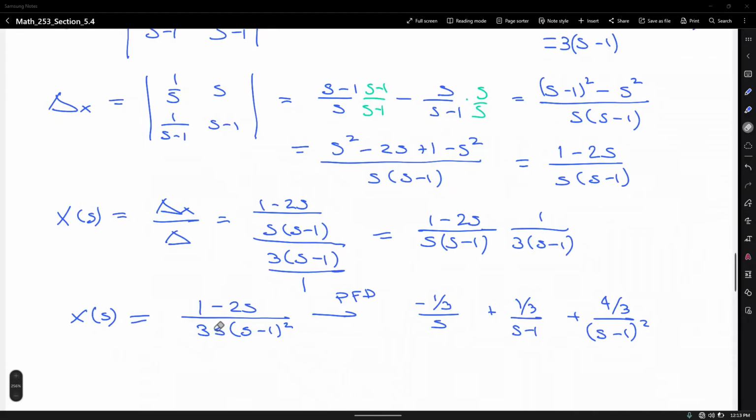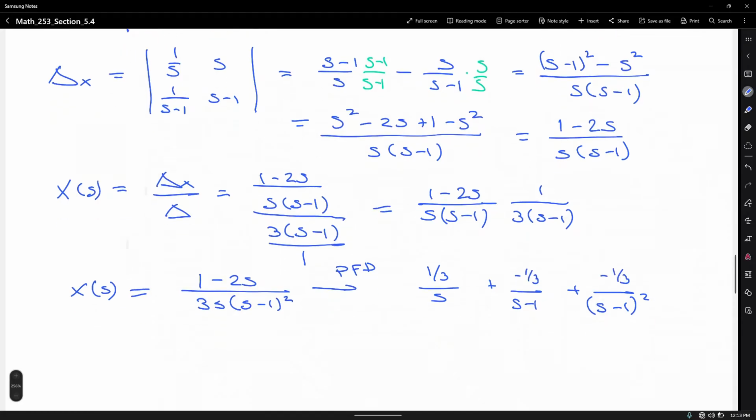I forgot the factor of s in the denominator of the fraction for x of s. Also, I got the wrong coefficients in the partial fraction decomposition. This should have been 1/3 plus negative 1/3 and another negative 1/3.